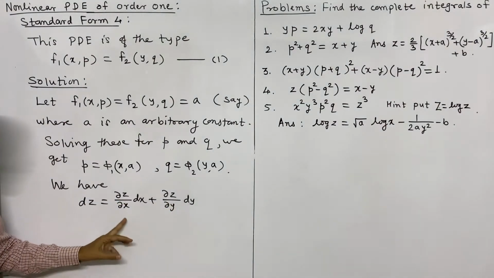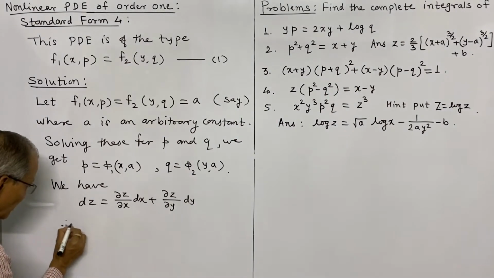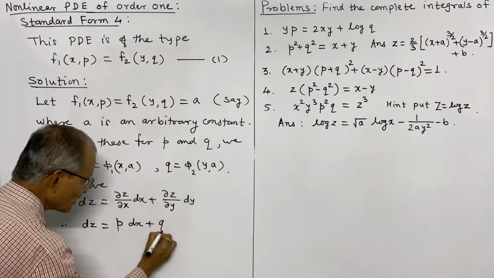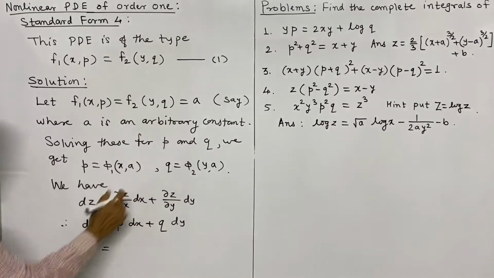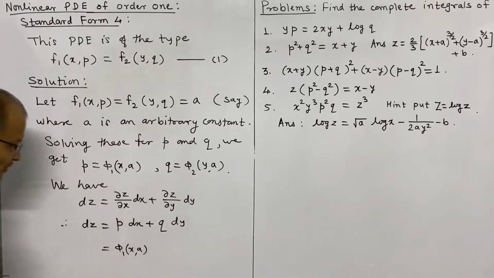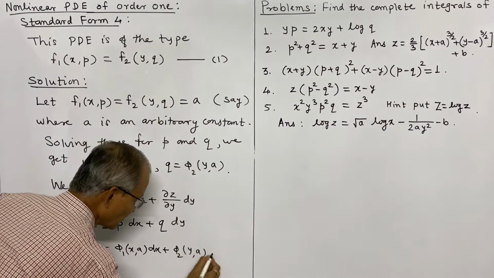So this is the theorem on total differential. We have this result, and that means dz is, this is p into dx and this is q into dy. Or we have obtained the values of p and q above, and that is phi1 of x and A into dx plus this is phi2 of y and A into dy.